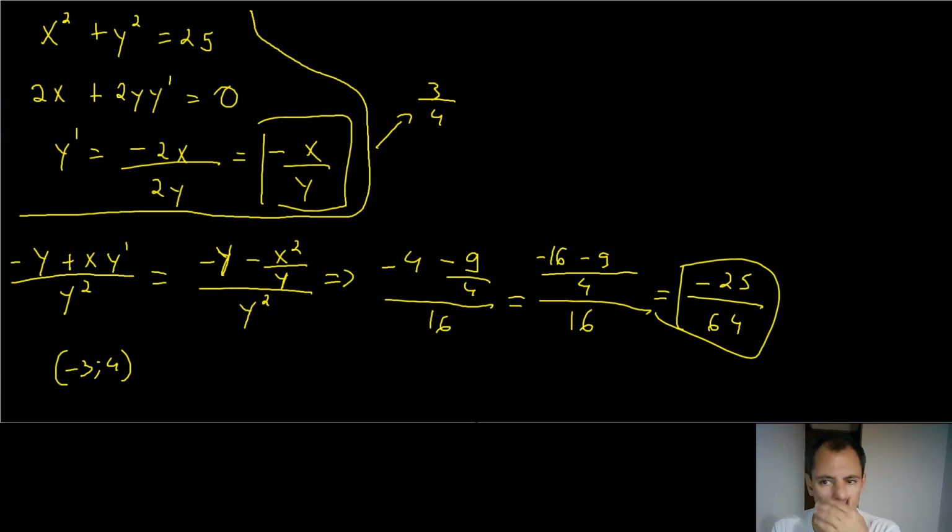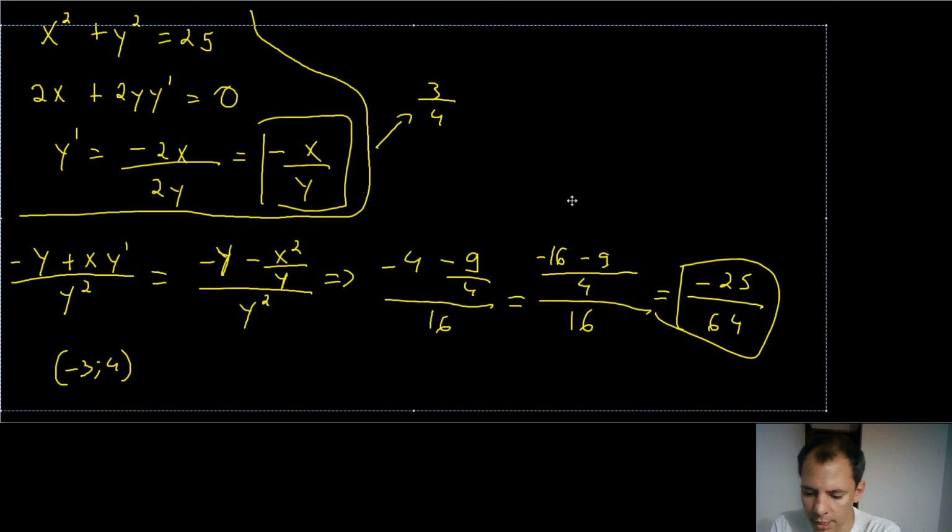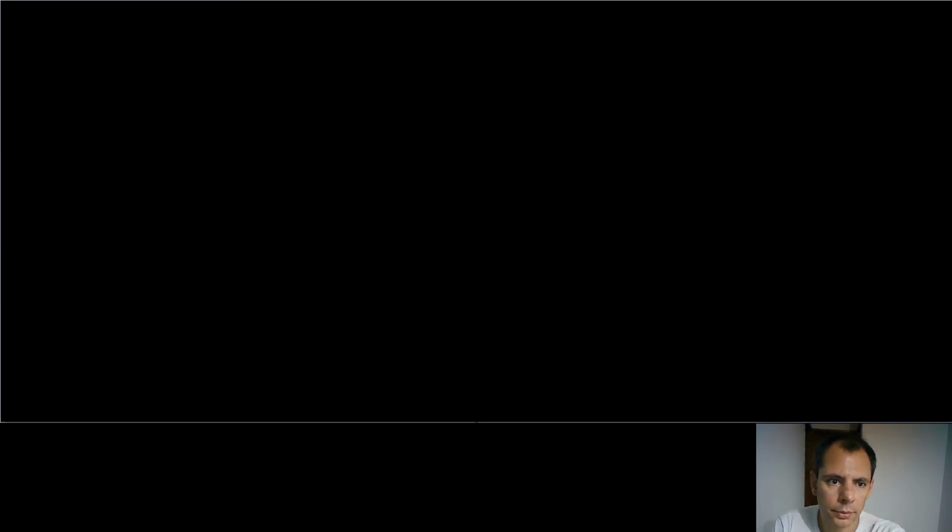Now, let's try another one. You see, these things are becoming more and more complicated and error prone. Let's try this one here: x squared plus y squared equals y squared.